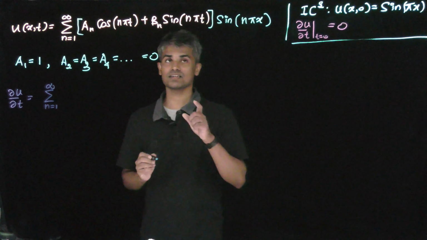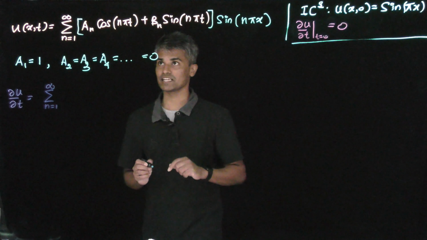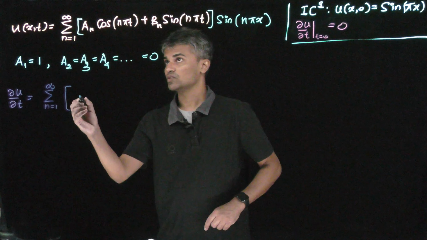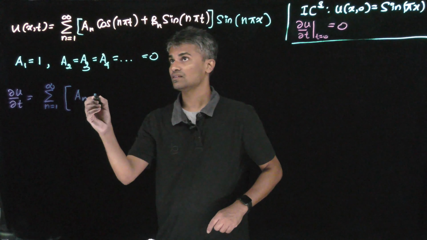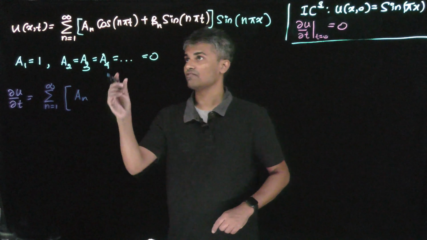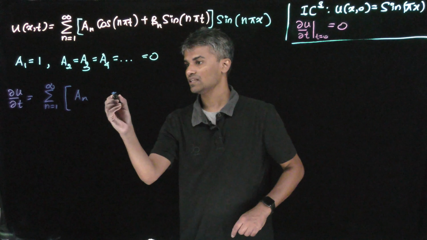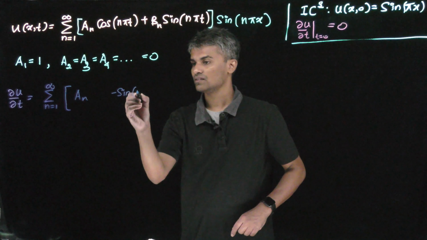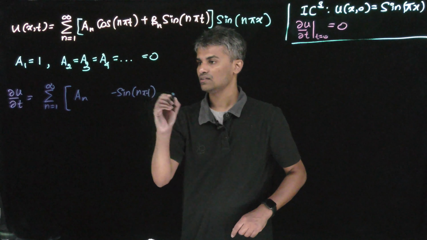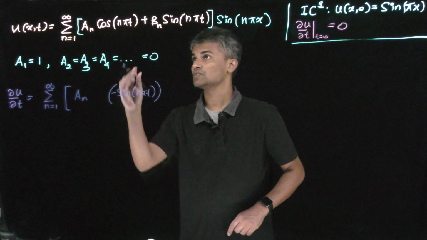Now, we are differentiating with respect to the t variable. So, you should get a sub n, derivative of cosine is negative sine of n pi t, times n pi.